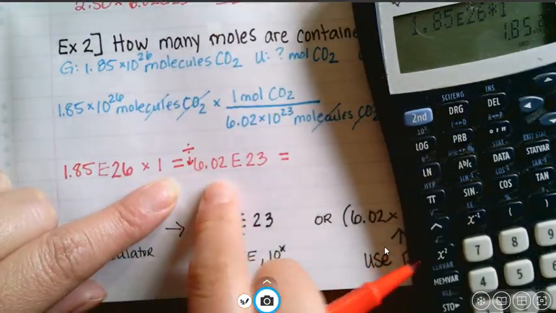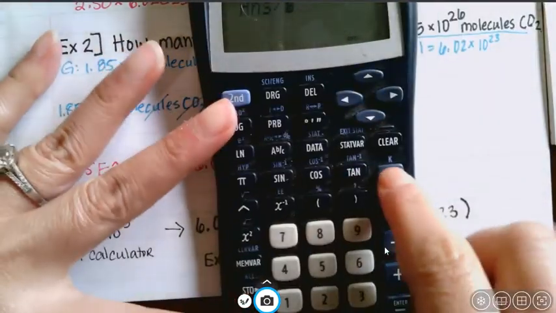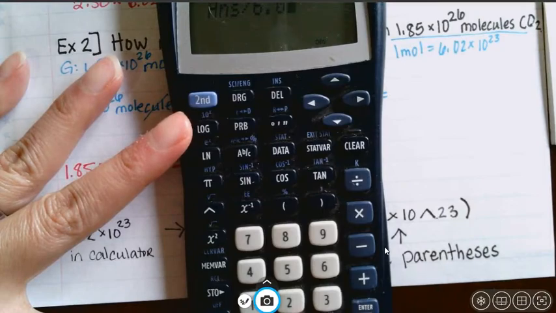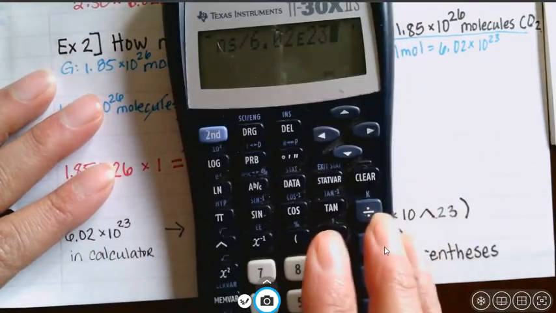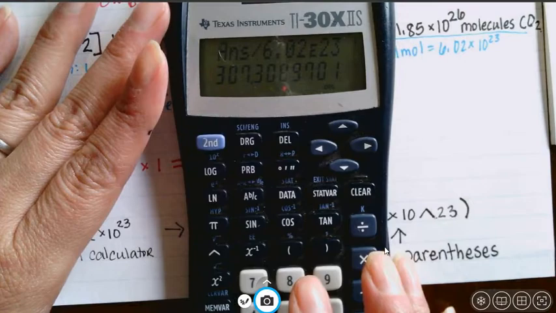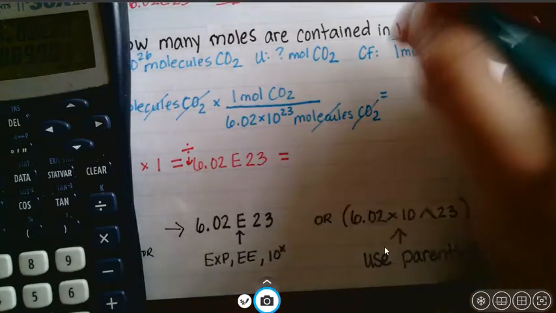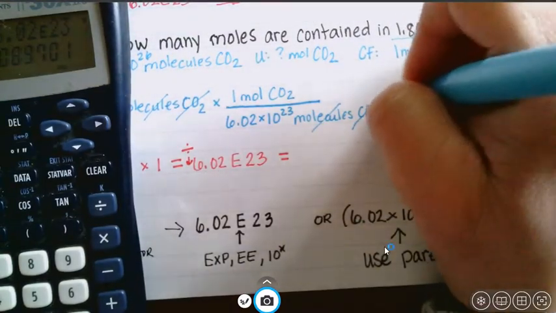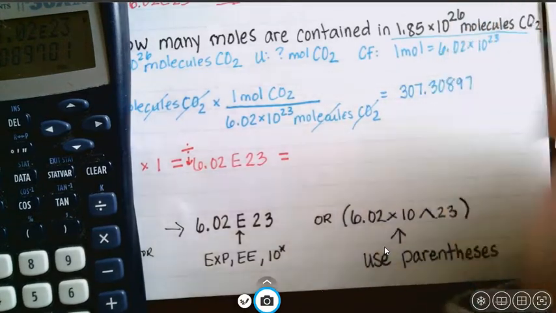Divide by 6.02 because that number's on the bottom. You multiply the numbers across the top and divide by the numbers that are on the bottom. Okay, I got 307.30, a whole bunch of things. So let's write quite a few digits past the decimal. 307.30897. I'll stop there.